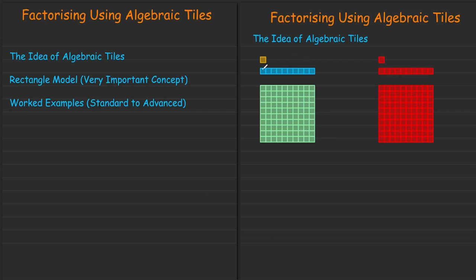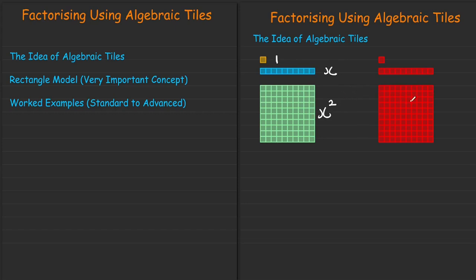Now, this rectangular one here would stand for x, and then this small one here would be a unit. So this is the same as this in terms of sides. That is x squared. And this long one here is for x. And this over here is just for 1.